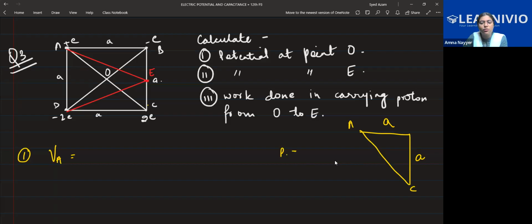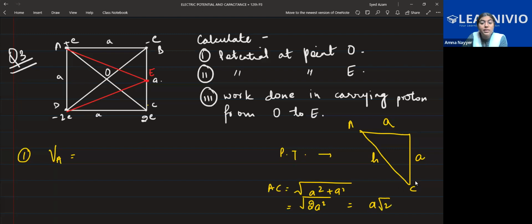According to Pythagoras theorem, the hypotenuse AC will be under root of A square plus A square. Square of hypotenuse is the sum of square of perpendicular and the square of the base. So this becomes under root 2A square, which comes out to be A root 2.